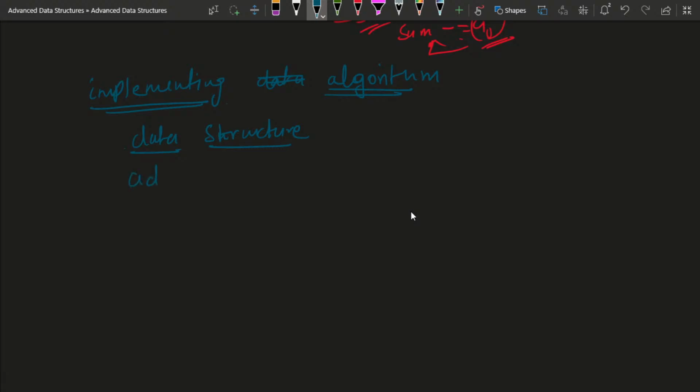We'll be having an add function that would be adding a single element in my range, a remove function which would be removing a single element from my range, and the most important function, that is the comparator function, a comparator function to sort the queries, and a structure to store the query. So these are the 5 functions we have to maintain to implement the query.